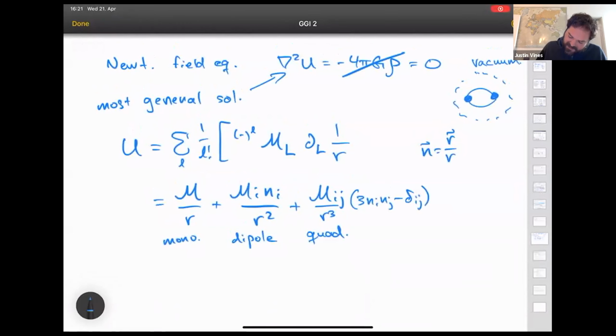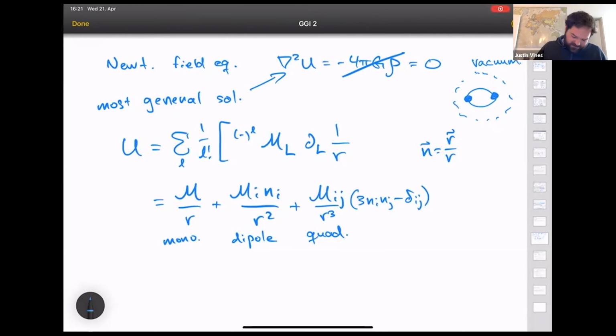Anyway, that's just the second derivative of 1 over r. So increasing powers of 1 over r, and then these tensors with more and more indices are multipole moments.